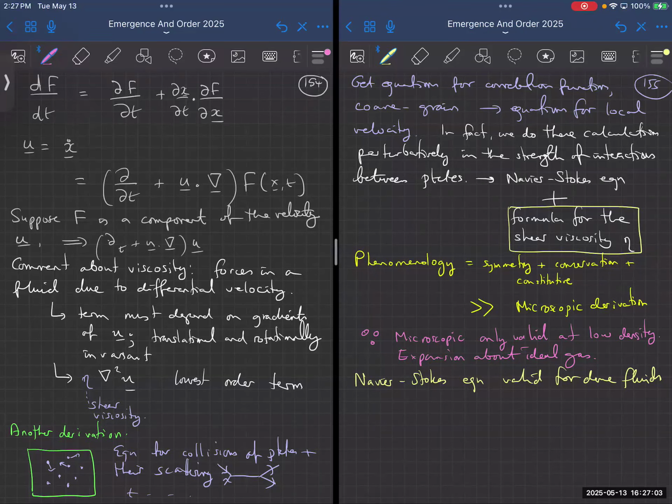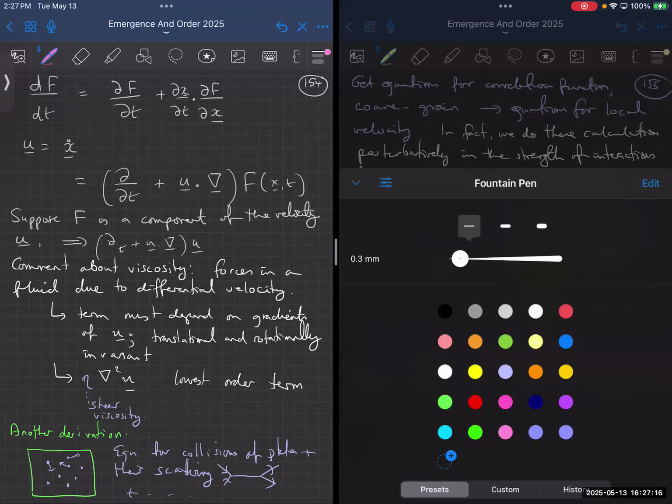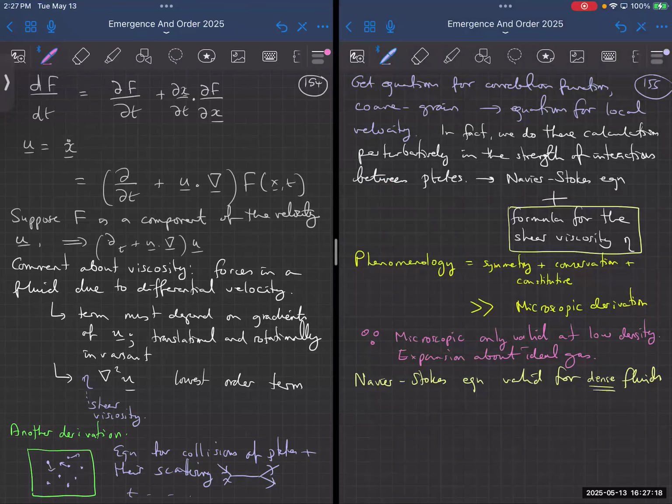So this is valid for dense fluids. I'm going to write this word again, because it's important. The dense fluids, and so it has a greater regime of validity. So remember, keep your eye on the ball.